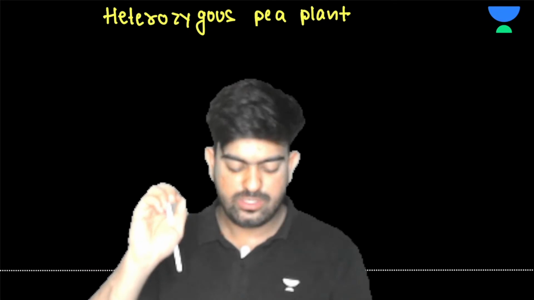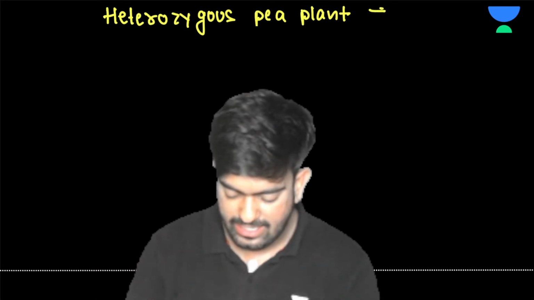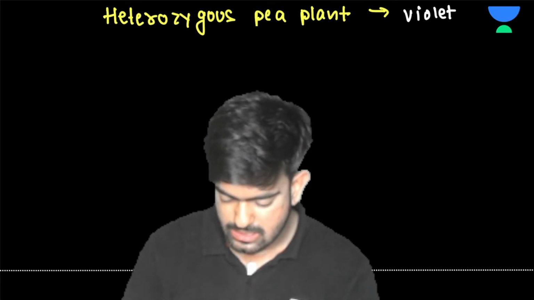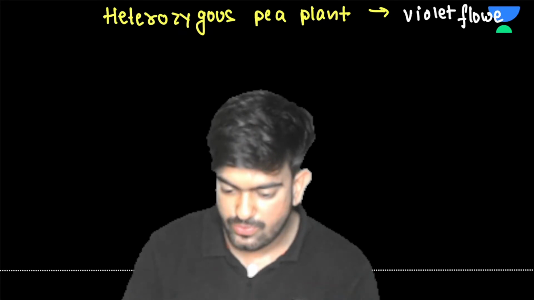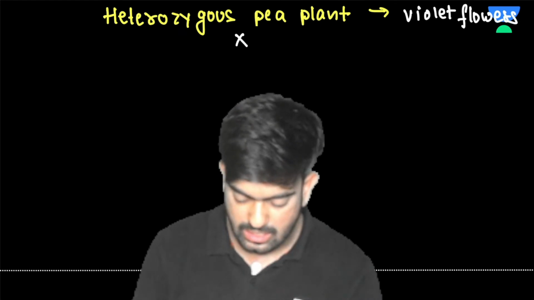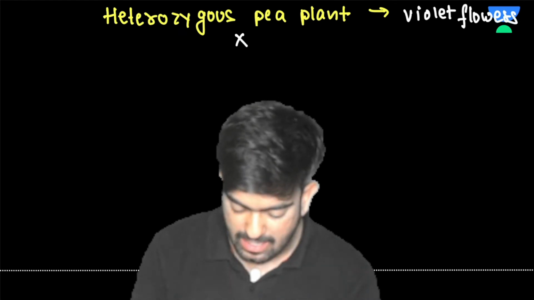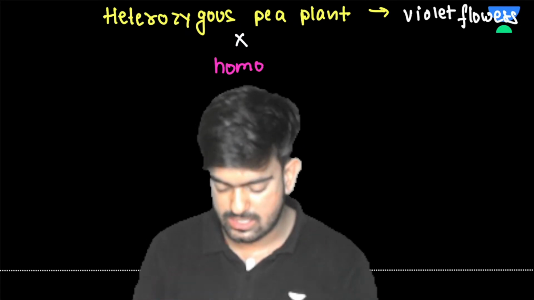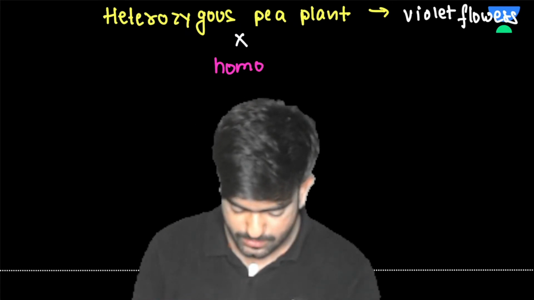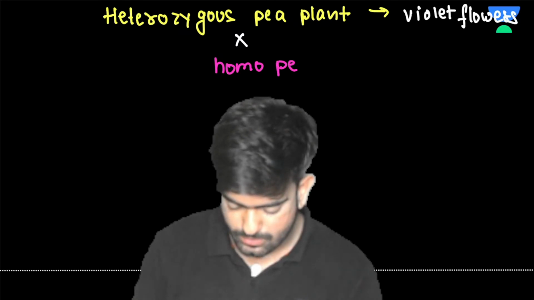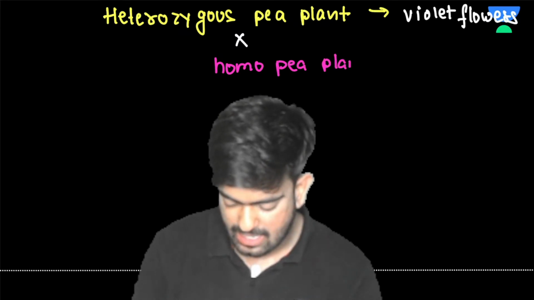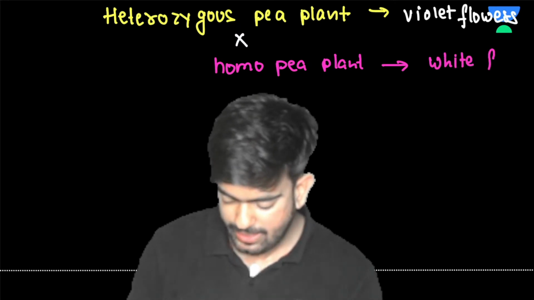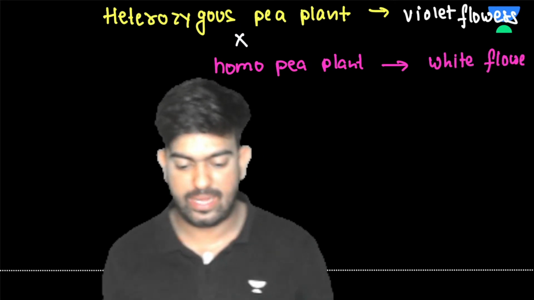So the heterozygous pea plant with violet flowers is crossed with the homozygous pea plant having white flowers.